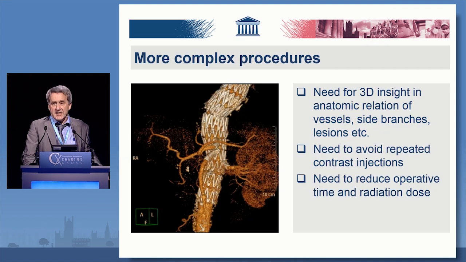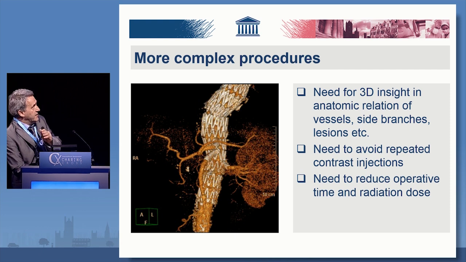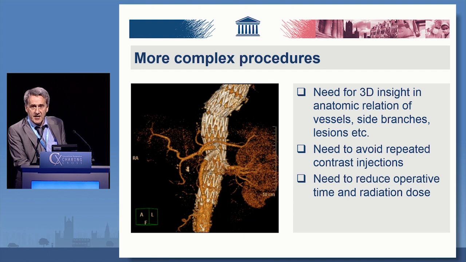These more complex procedures increase the need for 3D insight in the anatomic relation of vessels, side branches, and lesions. This is certainly the case, for instance, in fenestrated endografts for juxtarenal or thoracoabdominal aneurysms, but also in many other cases.